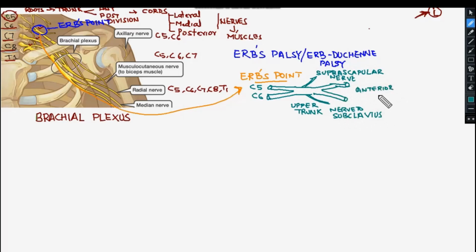You can see here the anterior division, and the lower one is the posterior division. Now we can say this point is formed by the meeting of six nerves: the C5, C6, anterior and posterior divisions, nerve to subclavius and suprascapular nerve. This is often asked in exams.